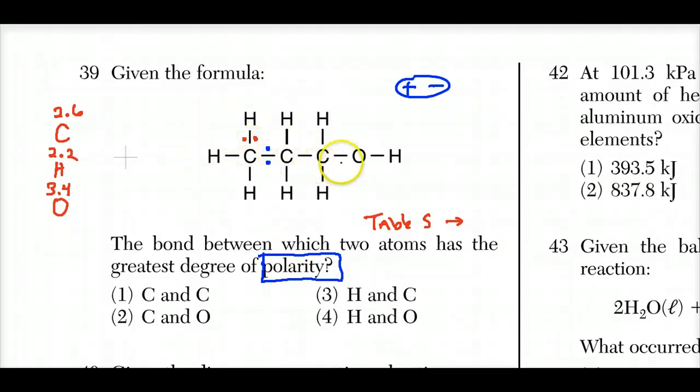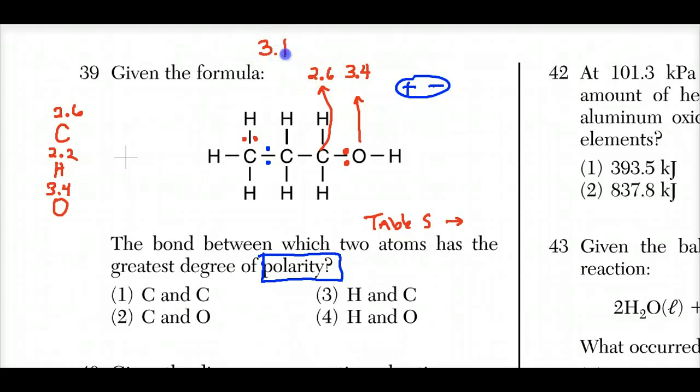These are, of course, the same. Carbon is 2.6, oxygen is 3.4. So between this bond, oxygen pulls that pair closer, and this side feels electrons more. The difference in electronegativity between 3.4 and 2.6, if you subtract, is going to be 0.8.